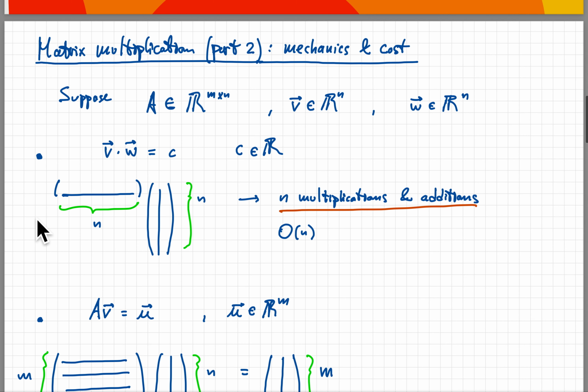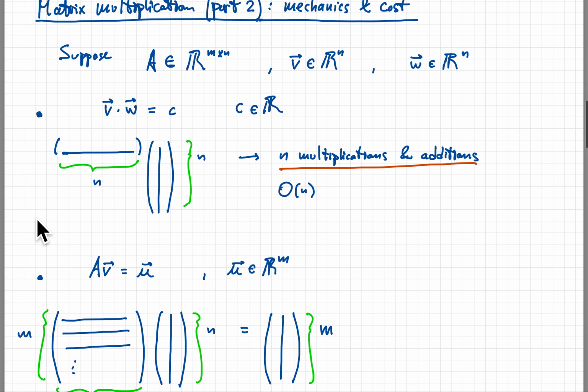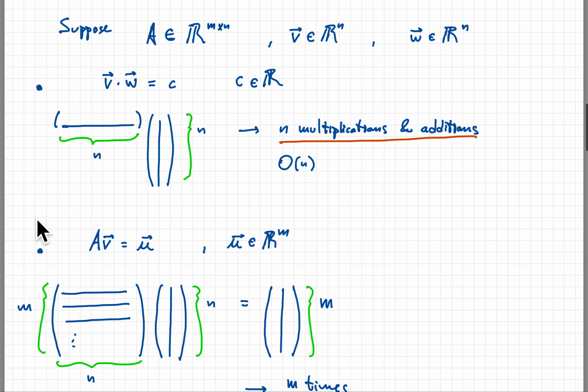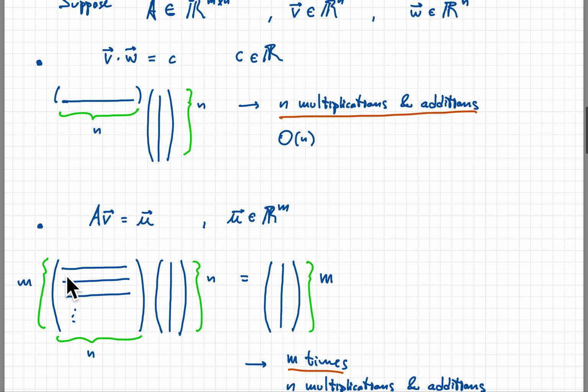Moving forward from here, you can consider matrix vector multiplication as a set of multiplications of vectors by vectors. Let's see how that works. So remember, in matrix vector multiplication, if this matrix is of size m by n, and your vector is of size n, then you can take this row of the matrix and multiply by the column.